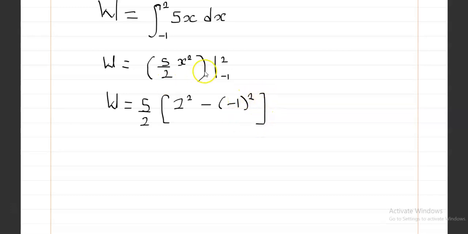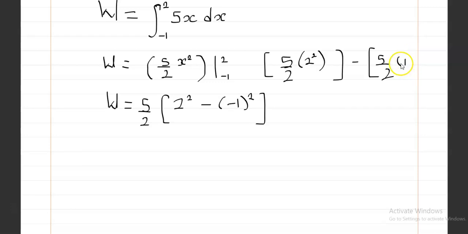Remember, you could have just plugged in the values like 5 over 2 times 2 squared, right? Minus 5 over 2 times -1 squared. But if you did it that way, you'd still get the same thing as this.